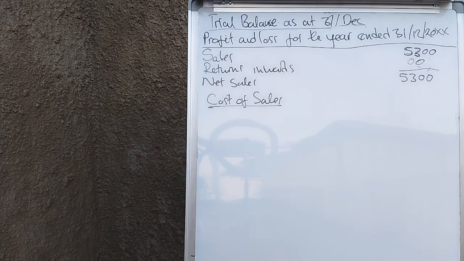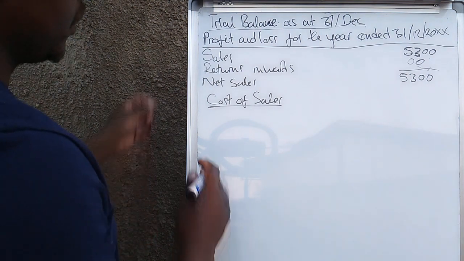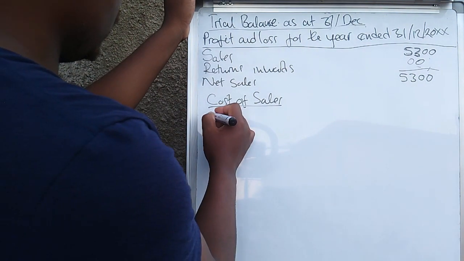We go and try to look on our income statement. Our income statement lists purchases as 2,000.